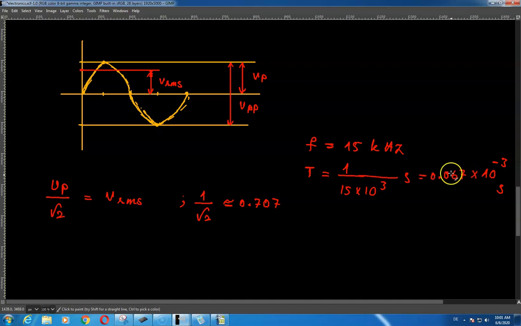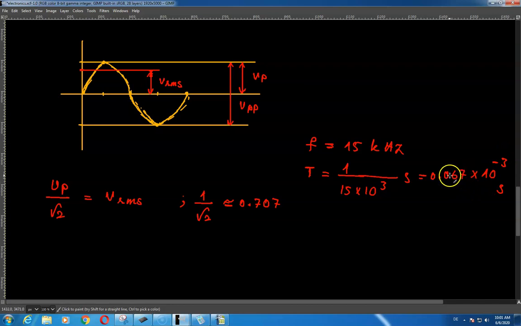So this is not easy for me to see on this scale on the oscilloscope, so what I'm going to do is make this number larger. Since I have milliseconds and microseconds over here, I have to make this number a microsecond.